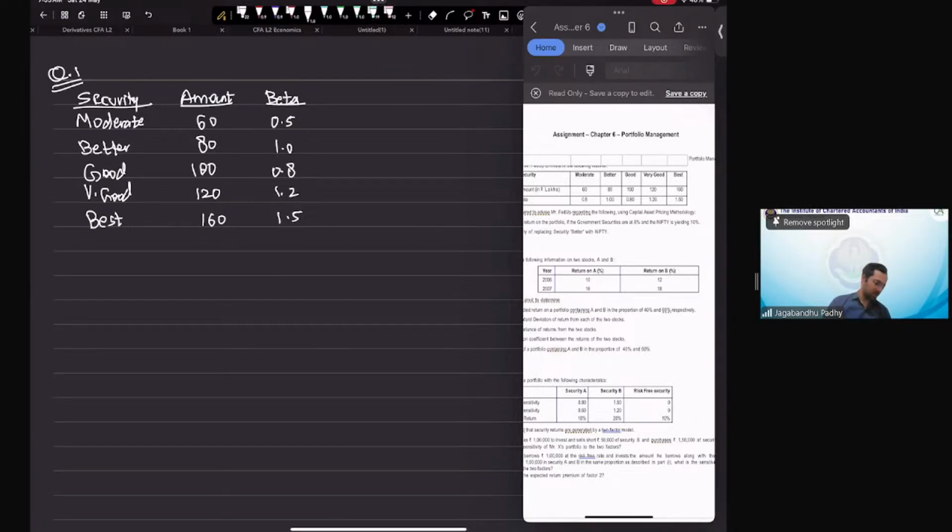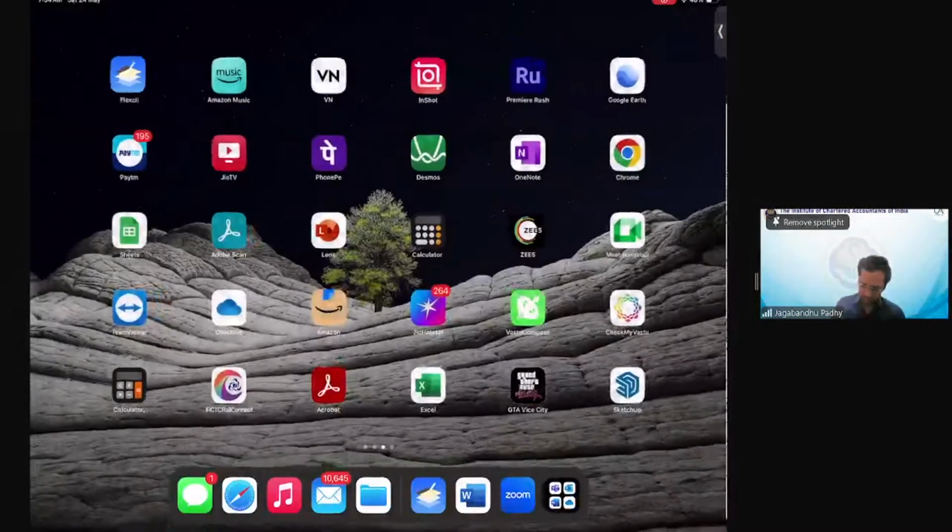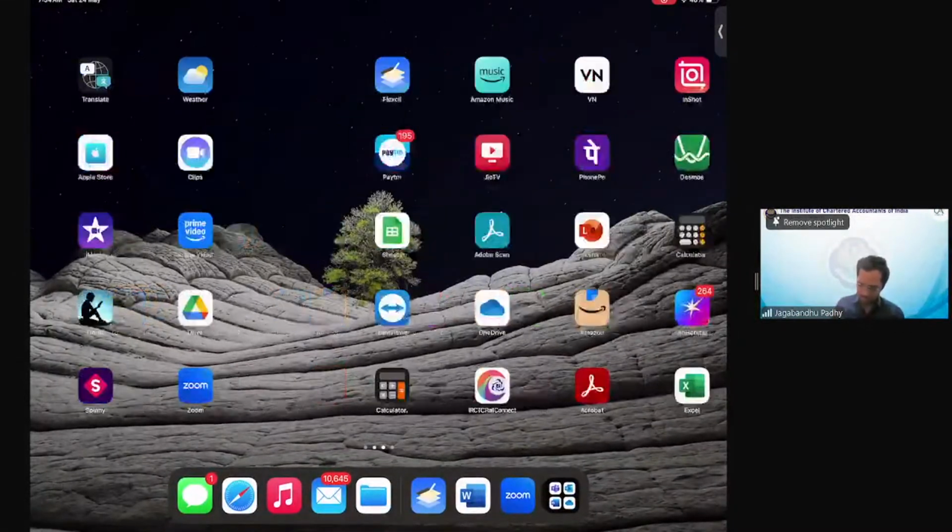To calculate the portfolio beta, we need to take the weighted average of it. So let's try to compute the weights. So this is total 520. Let's try to compute the weights by using the calculator.